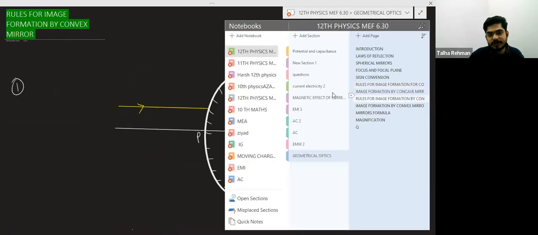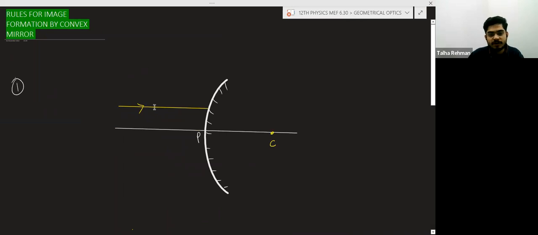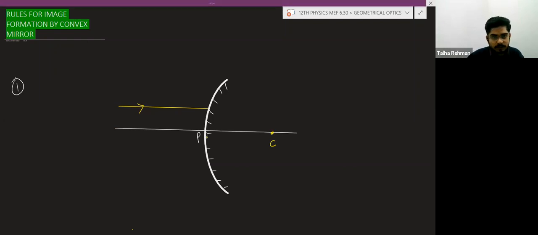Now for the convex mirror, a ray of light is parallel to the principal axis.